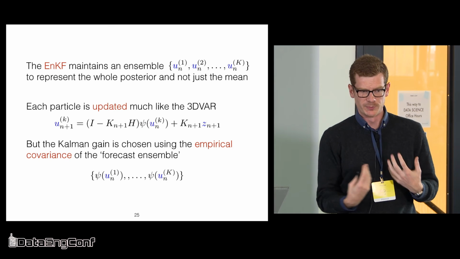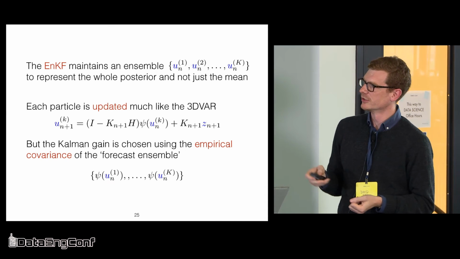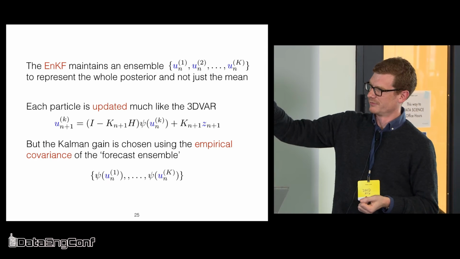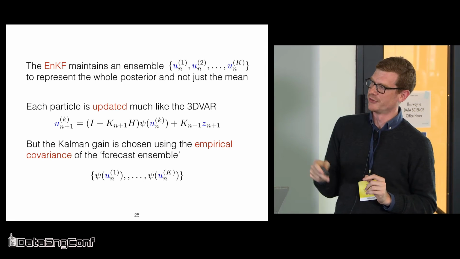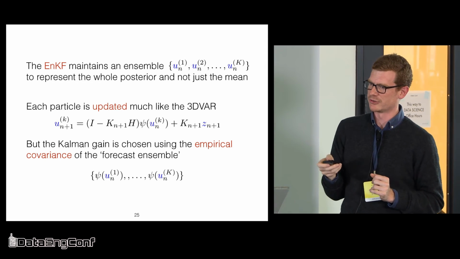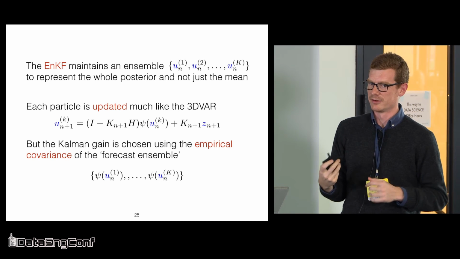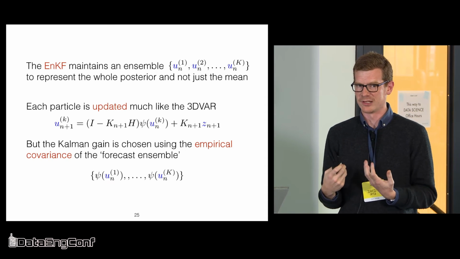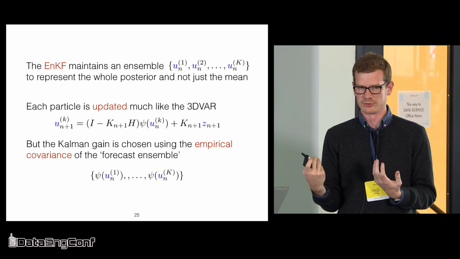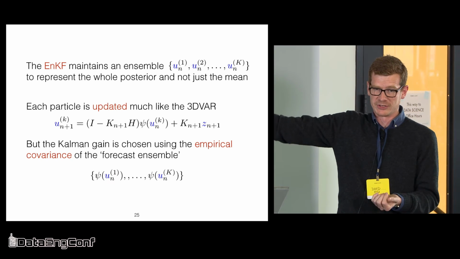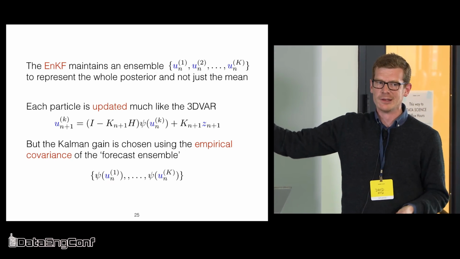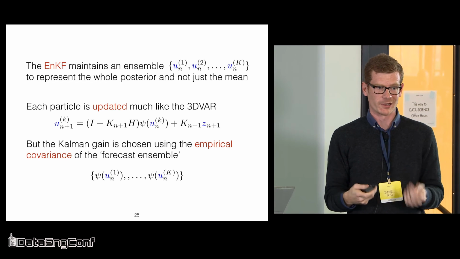Remember that to pick the right convex combination, you want to have some knowledge of how certain you are about the two pieces of information. You want to know something about the covariance of your forecast distribution and the covariance of your observational noise. We know the covariance of our observational noise. That's nothing to do with nonlinearity. We don't know anything about the covariance of the forecast.